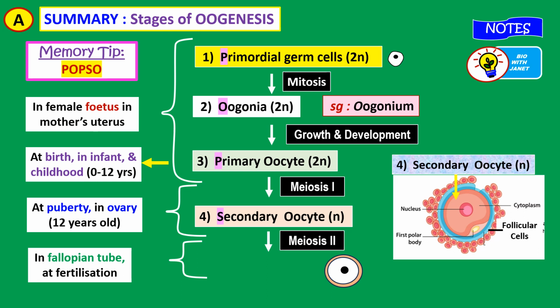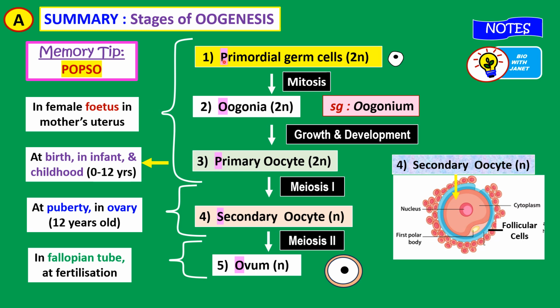Next, the secondary oocyte will complete meiosis 2 if there's fertilization, and then it will become an ovum, and the nucleus of the ovum will fuse with the nucleus of the sperm to form the zygote. So we have to remember the different stages of oogenesis, and our memory tip is POP.